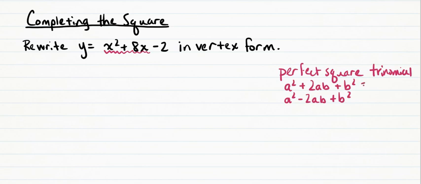And these will factor to a plus b squared and a minus b squared, respectively. So we want to be able to write this as a trinomial that will factor to something plus something squared or something minus something squared. Okay.